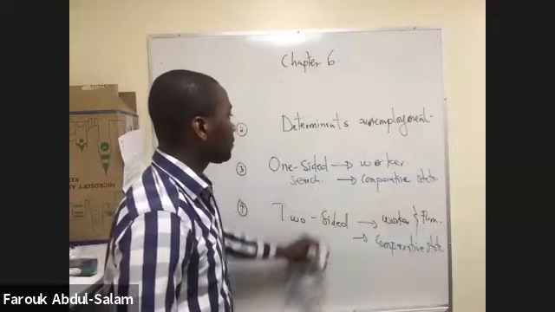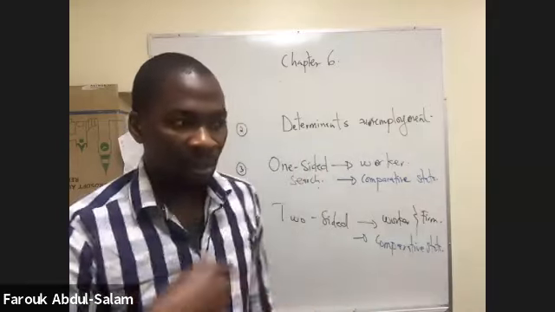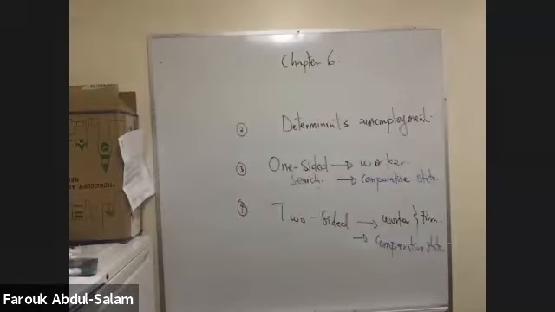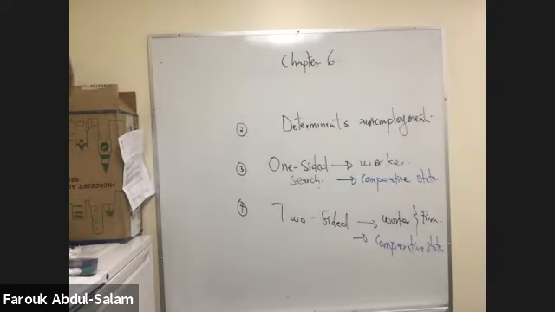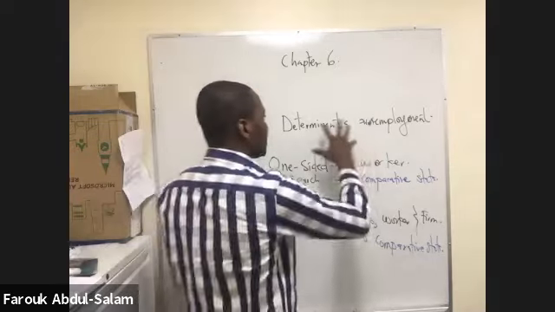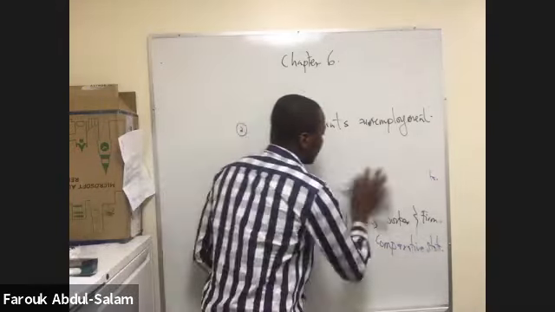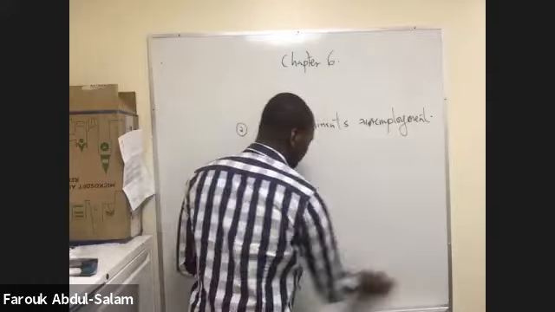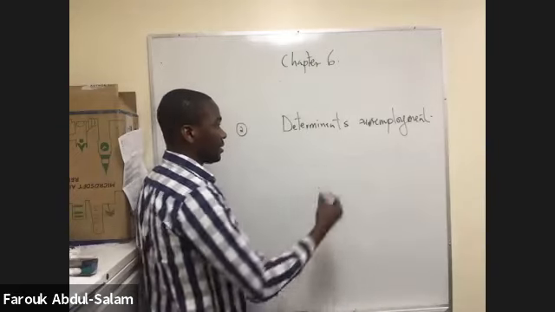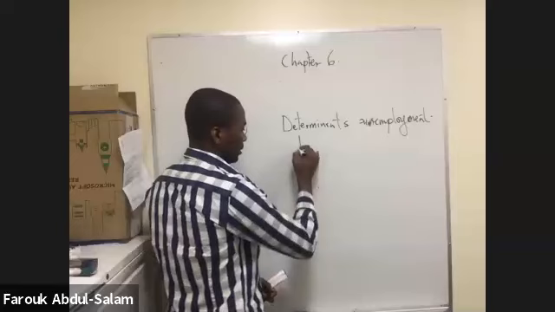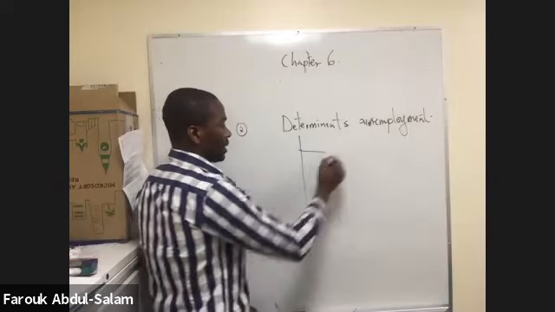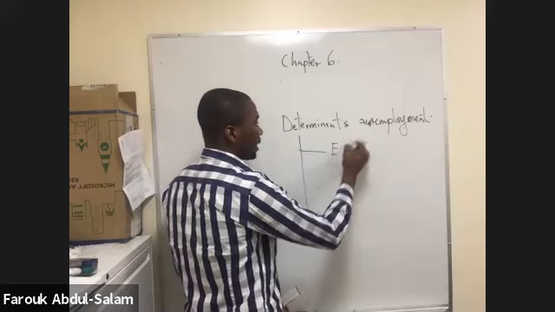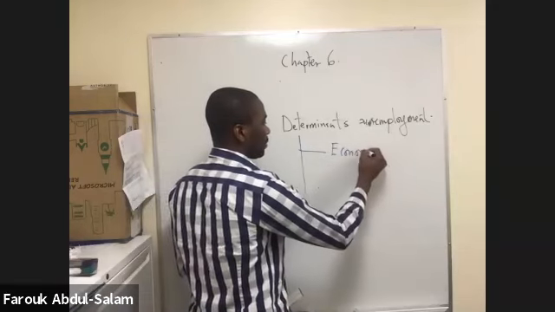Now, as to the determinants of unemployment, you tend to see factors like demographic changes, factors like how the economy is doing, factors like mismatched information and all that. This determines the state of an individual being unemployed or not. So if you read the book, the first part of the book, there were a couple of factors that it raised. I'm going to tackle just a few. Let's take how the economy is doing and how that affects unemployment.